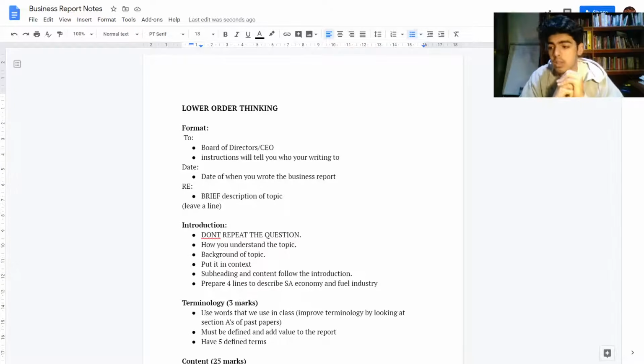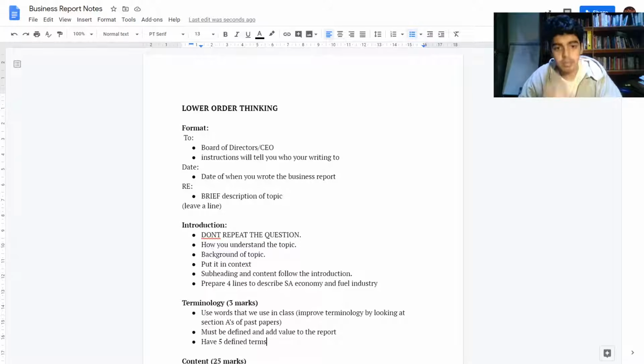So, for example, if you use a term like the Gini coefficient, you have to say that there is a high Gini coefficient in South Africa, and then say what that means. Define Gini coefficient. Say that there's a high gap between the most wealthy and the most impoverished in the country, and then you have to use that for your report, because it has to add value to the report, otherwise it won't count.